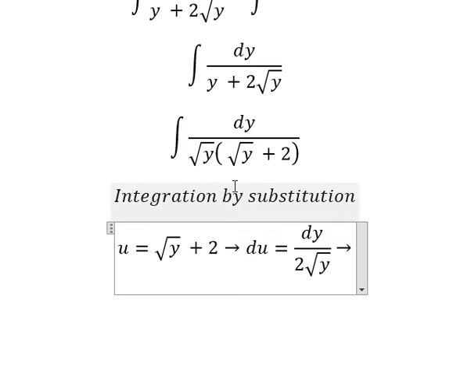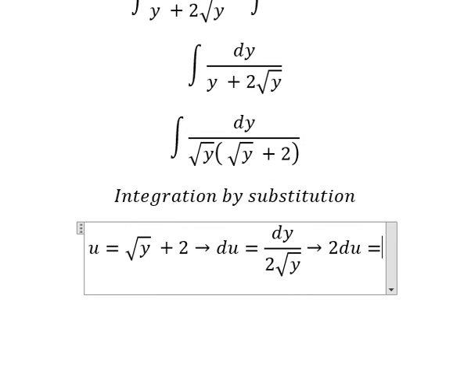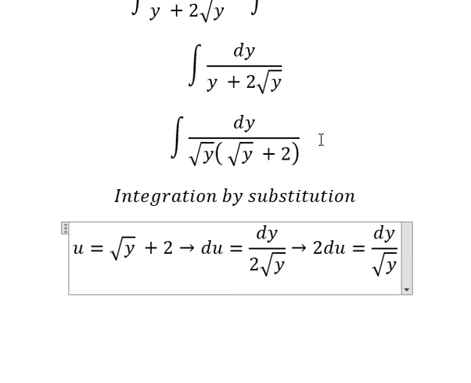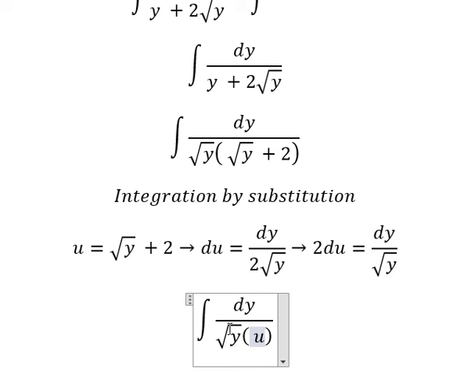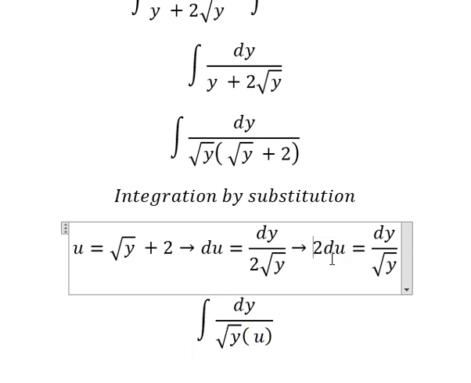Because we don't have number 2 in here, I will put number 2 to the left. So this one we change to u. dy over the square root of y, we have 2 du.